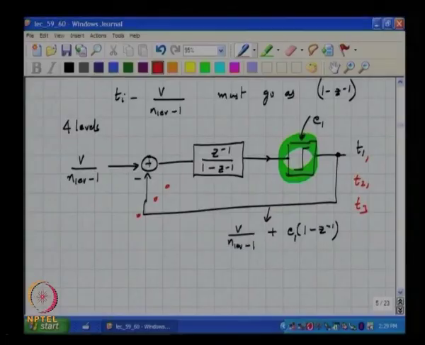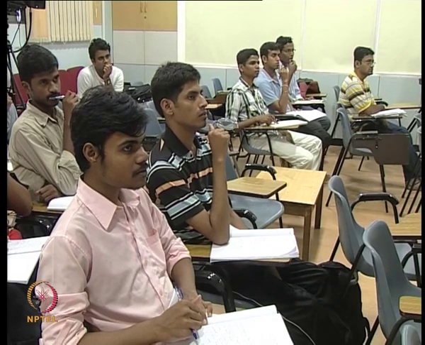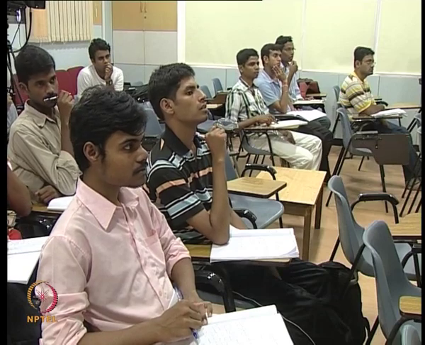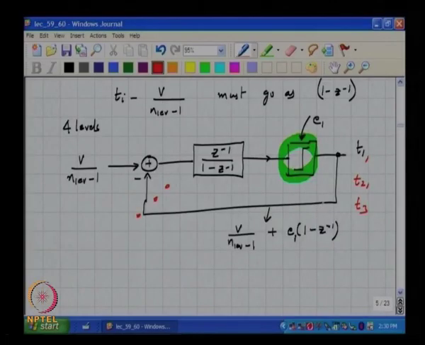And all of you are nodding your heads without disagreement. What is wrong with this? Yeah. So what? So the average value of T1 is V by n level minus 1, right? If you take 3 of them, the average of the output will be V.